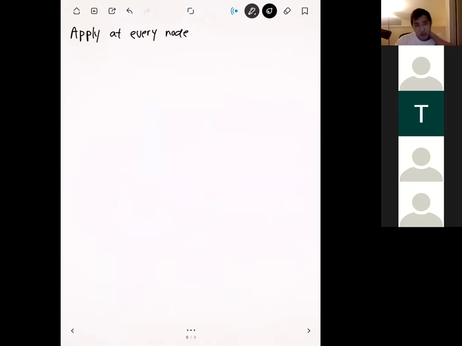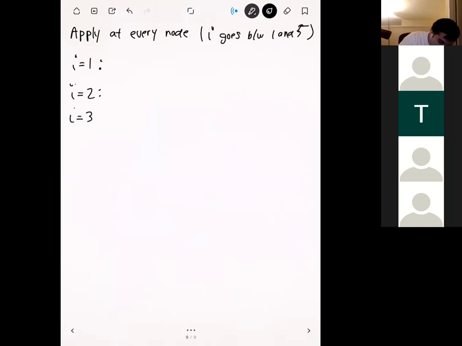Since this is a worked out problem, our i values are going to go between 1 and 5, so we're going to have an equation for i equal to 1, 2, 3, 4, and 5. Since i equal to 1 and i equal to 5 are boundary conditions, I'm going to save those for last.